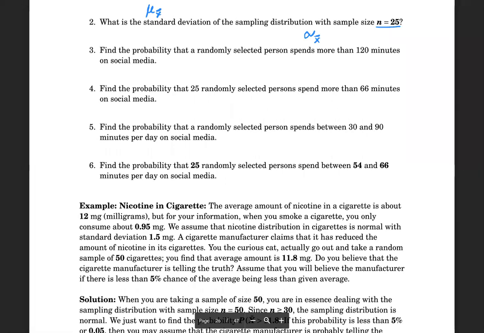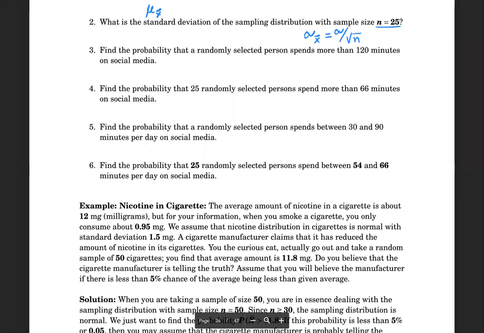Six. Somebody said 6? Yes, 6. How do you get that number? Because sigma sub x bar is equal to sigma over the square root of the sample size.